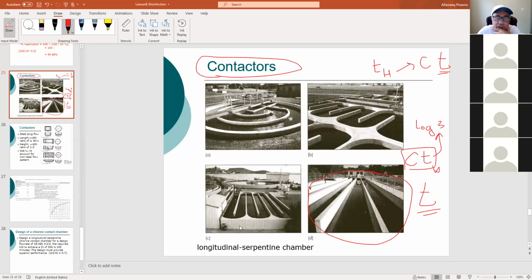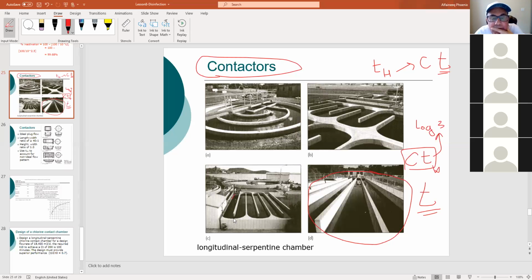And the most desirable one is this one, serpentine, all right? Water gets in from some side, let's say from here. This is maybe the sedimentation tanks. This is maybe the filter. I don't see a filter here.